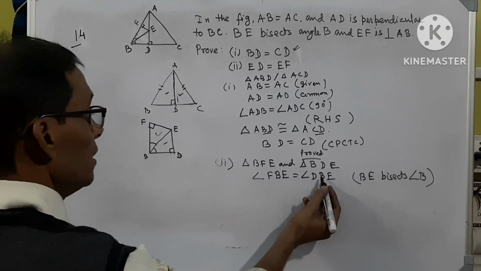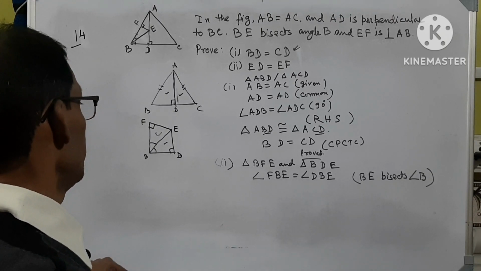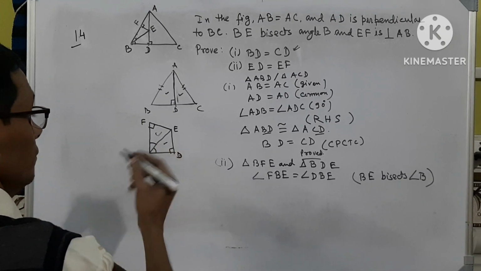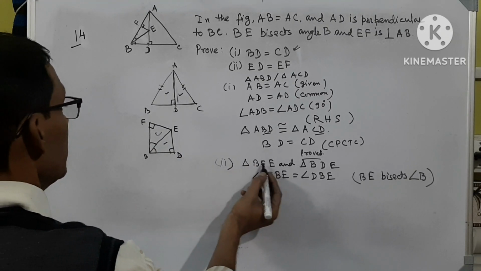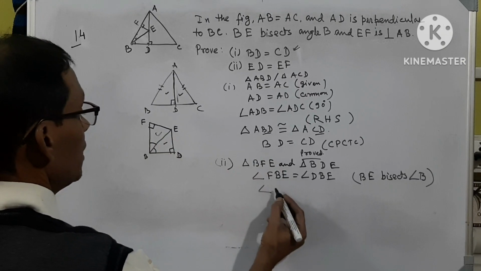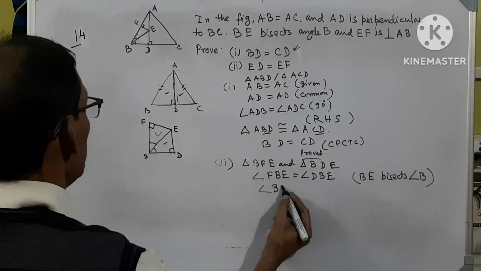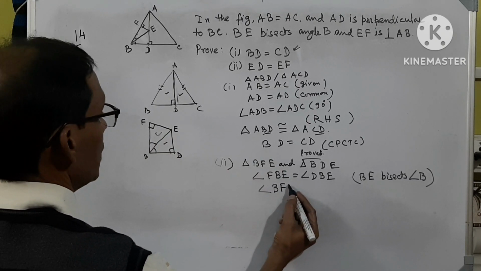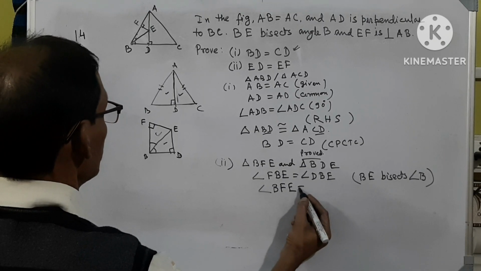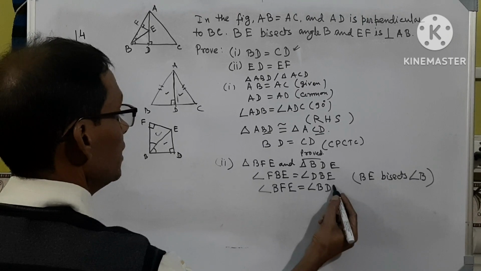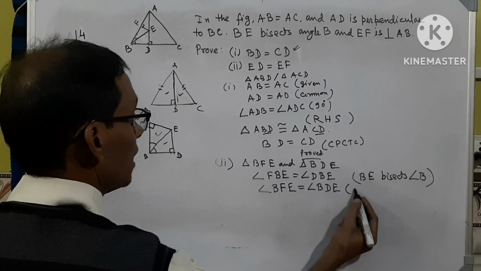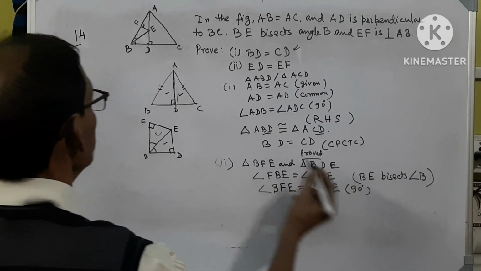So angle FBE equals angle DBE is given, and angle BFE equals angle BDE, both are 90 degrees.